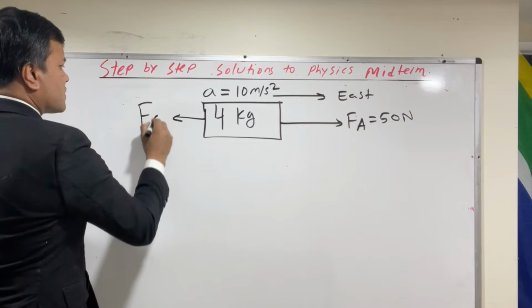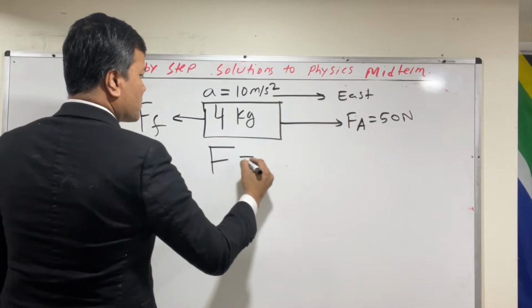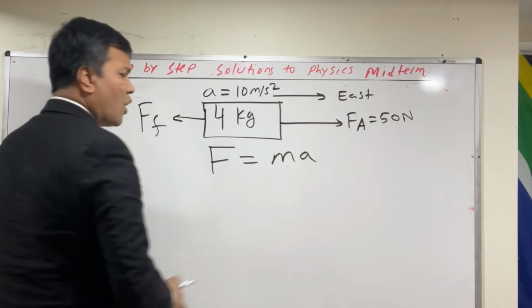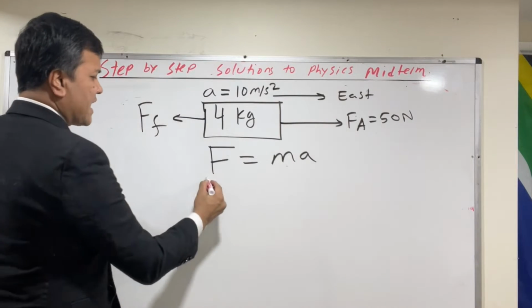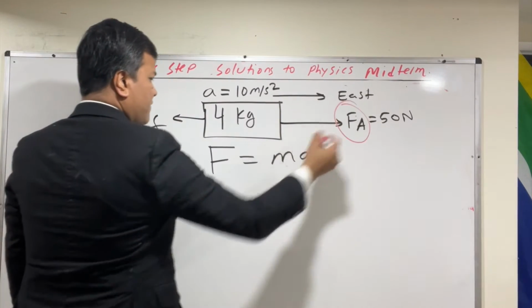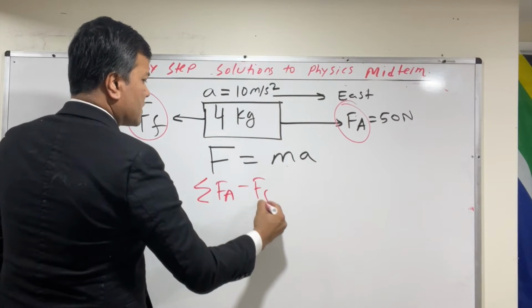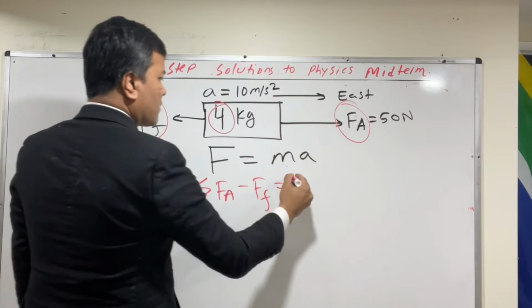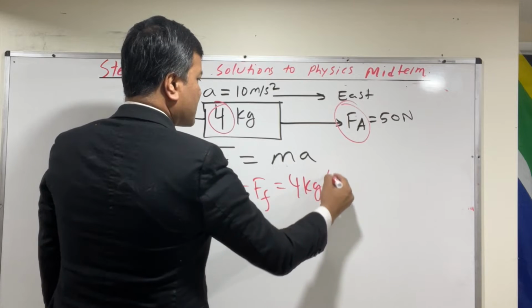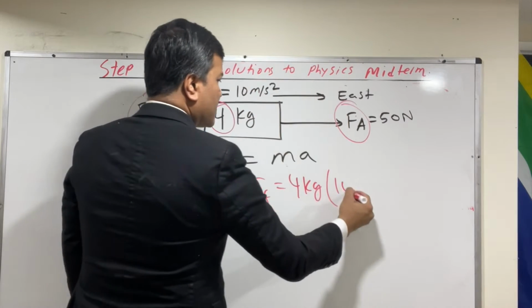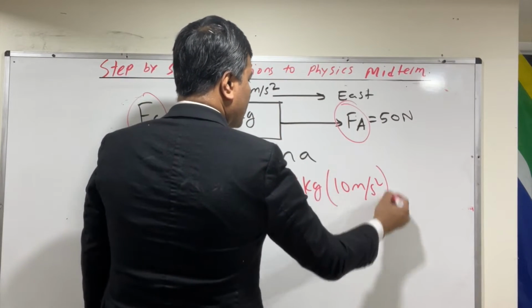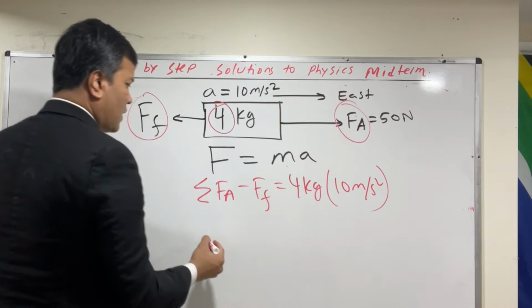So now it's good. So you're gonna start your conversation with Newton's second law. All the forces acting at the x direction, Fa minus Ff is equal to m, 4 kilogram, and acceleration is given 10 meter per second square. To the east means positive.